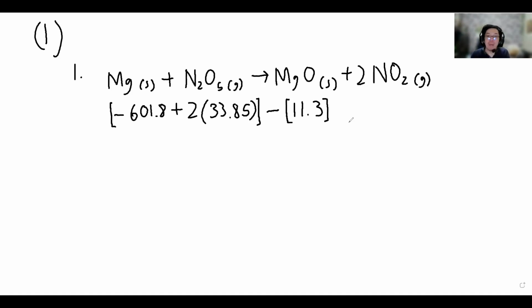It's products minus reactants, right? So what are your reactants? Magnesium and N2O5. So it means that the 11.3 is only because of the N2O5. Very good, because the value of solid magnesium is 0. Correct.